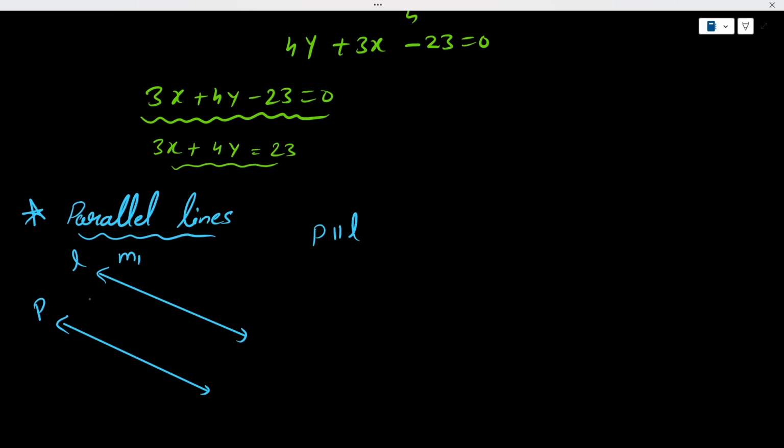If the gradient of line L is M1, and the other line, line P, has gradient M2, you have to remember, whenever there are parallel lines, their gradients are always equal.